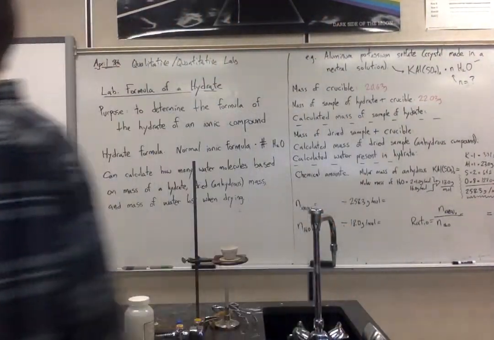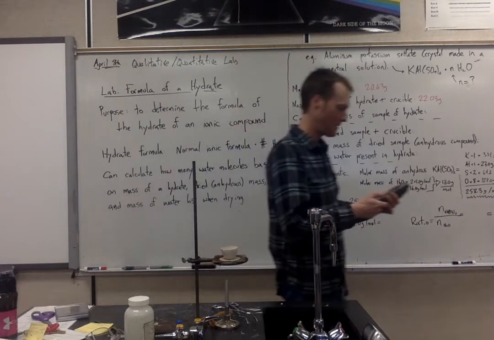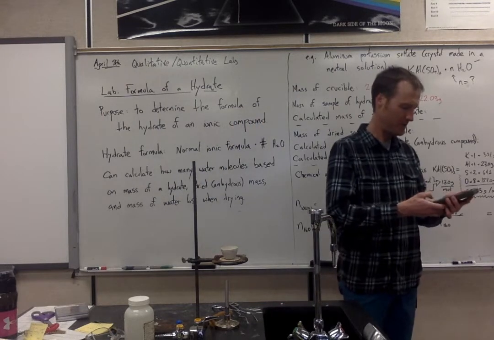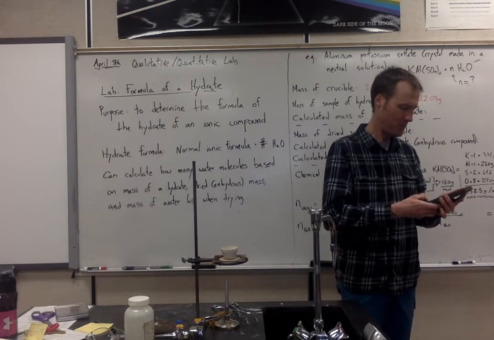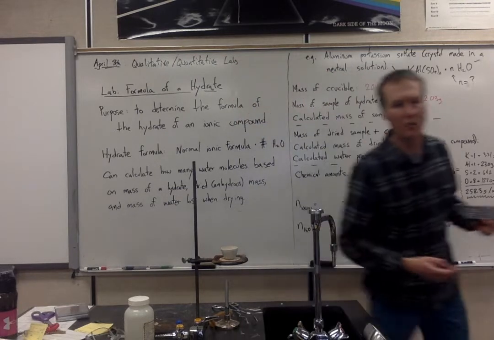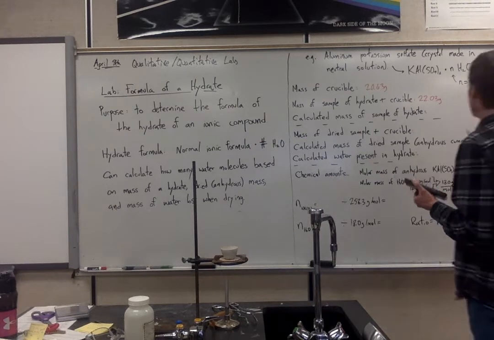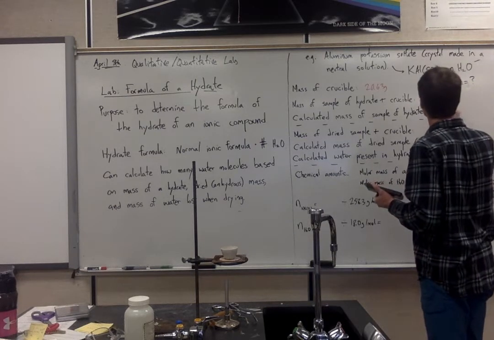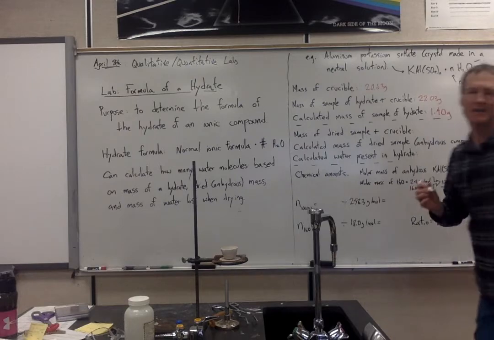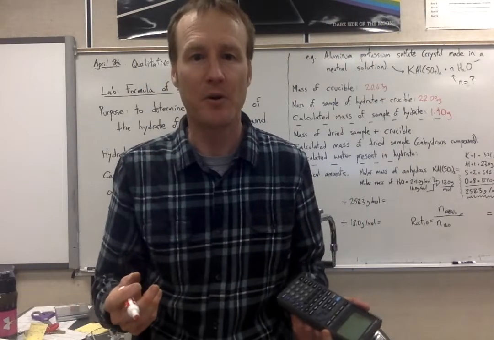Let's get a calculator to figure that out. 22.03 minus 20.63. And I'm getting 1.40 grams. What is that? That figure, 1.40 grams, is the mass of the hydrate salt. That's the mass of the crystal I put in there.